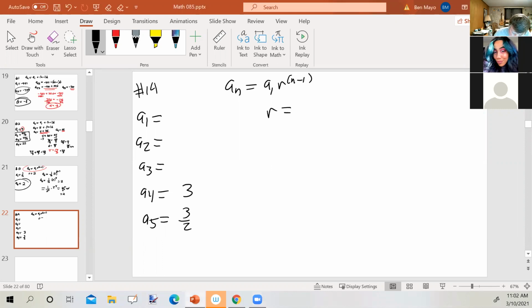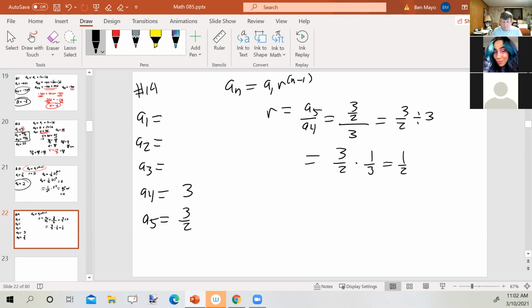So r would be a sub 5 divided by a sub 4, which is 3/2 divided by 3, which is 3/2 times the reciprocal, which is 1/3, and it reduces down to 1/2. So the common ratio is 1/2. Okay. Now, we're going to go backwards. Consider this.